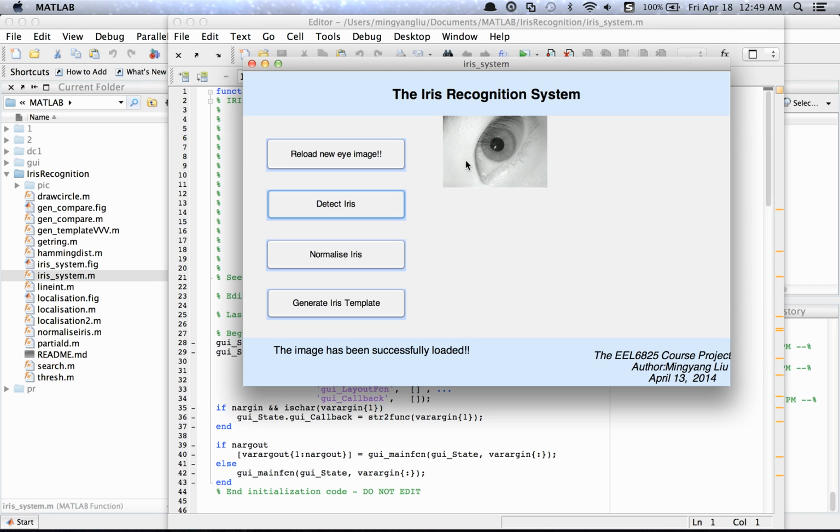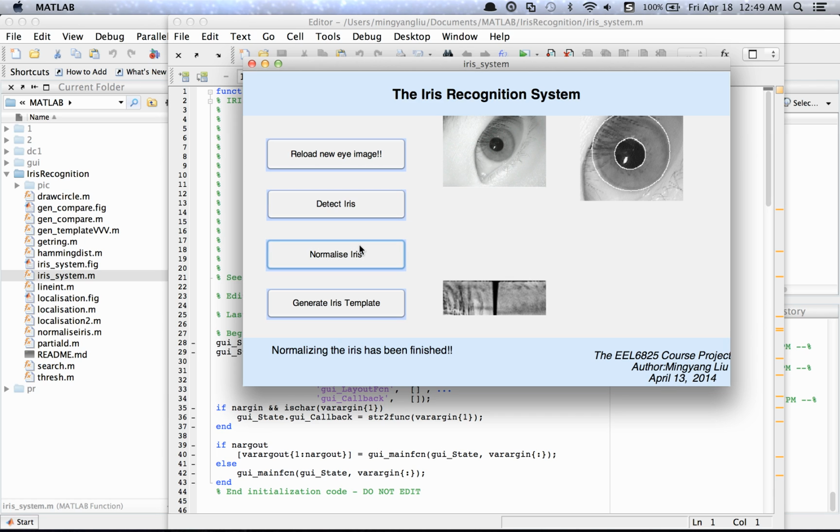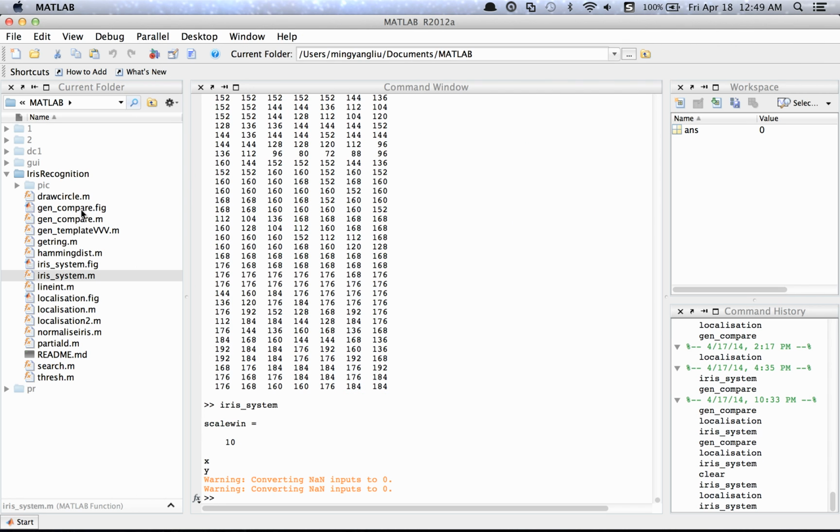It has a rotation in the eye. And then 3 buttons appear. First, we detect the iris. It just uses my method. You can see it's very fast. And then we normalize this iris and generate the template. You can see that this method can also work with the picture which has a rotation.